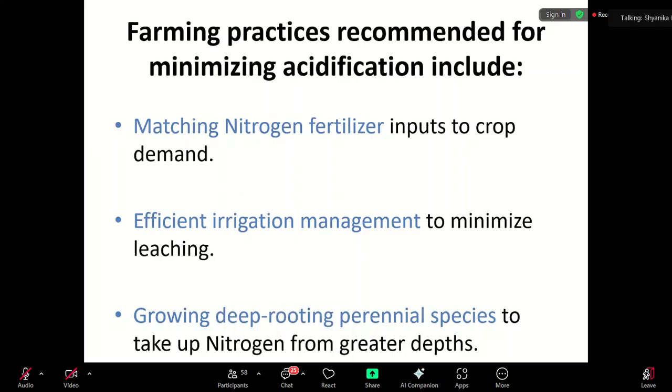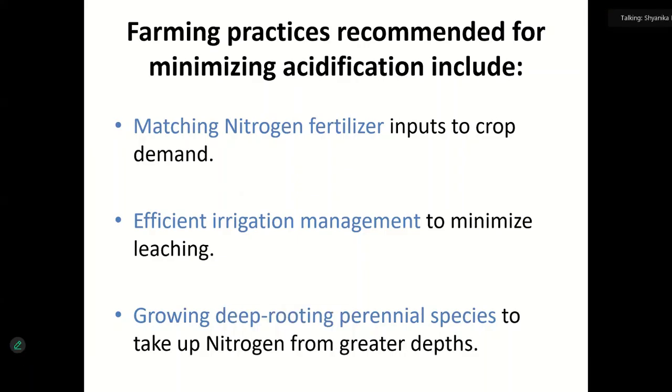Now let's talk about the farming practices recommended for minimizing soil acidification, right? One thing is matching nitrogen fertilizer to the crop demand, right? Because crop requirements are different, so normally the agriculture department knows this information.